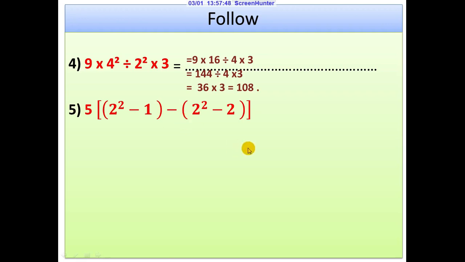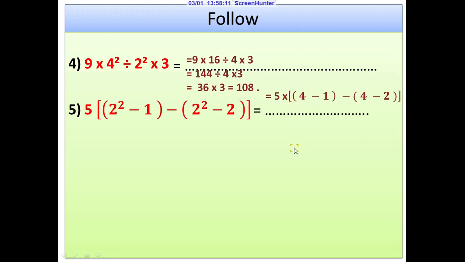So it will be equal to 5 times open brackets and calculate the power inside the small brackets. It will be 4 minus 1 minus 4 minus 2. Then we can calculate the two small brackets inside the big brackets.